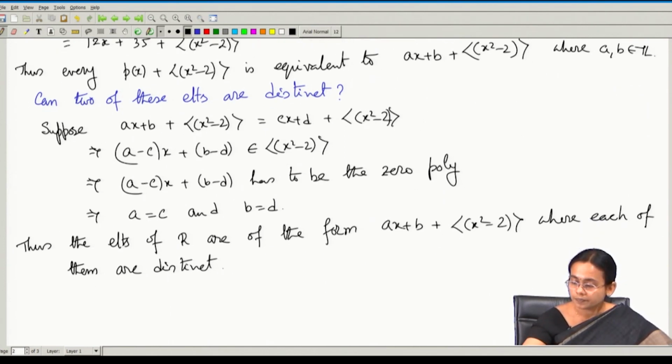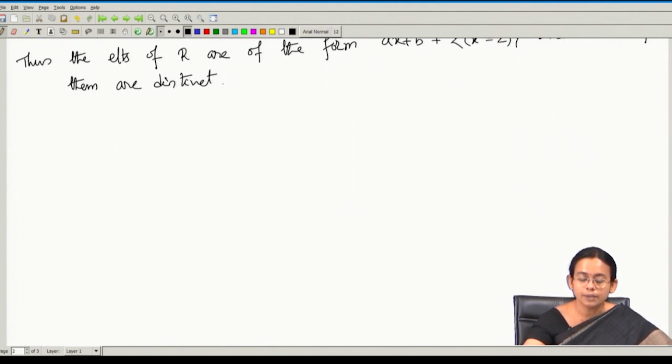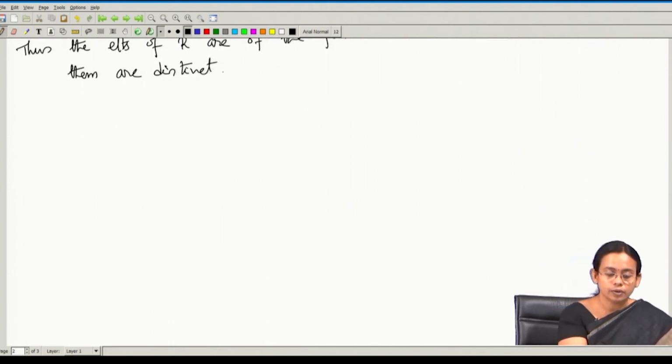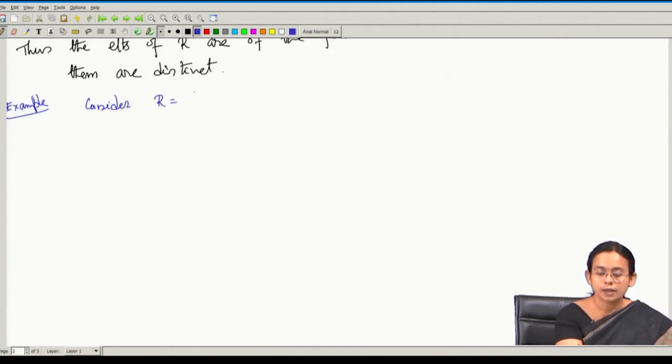Now, another example that I would like to give is the following. Consider the ring R to be Z[i] quotient 3 plus i.